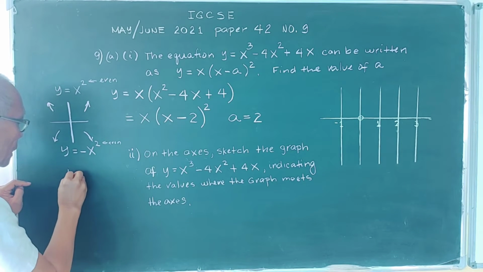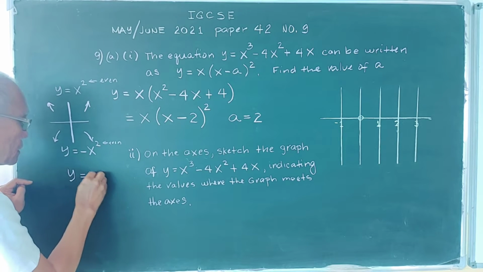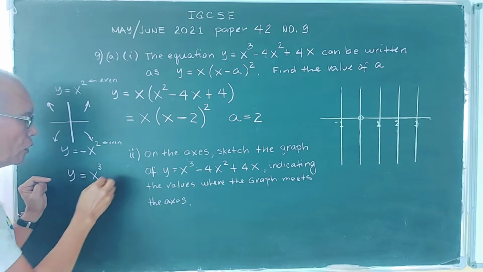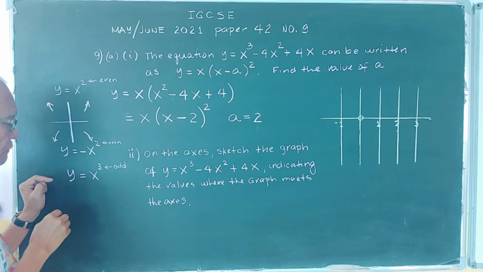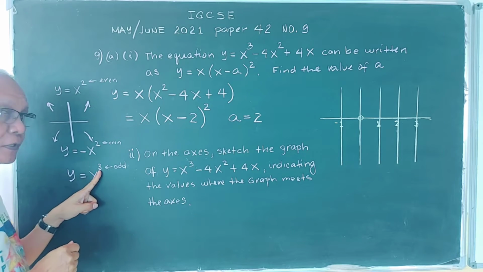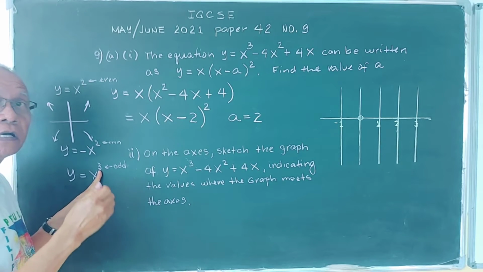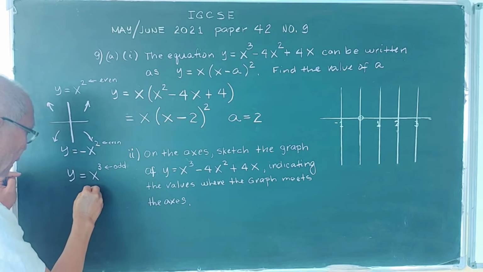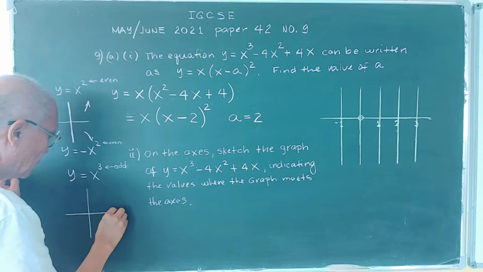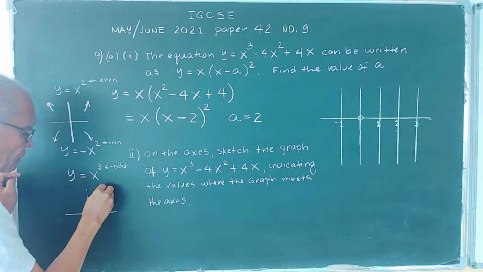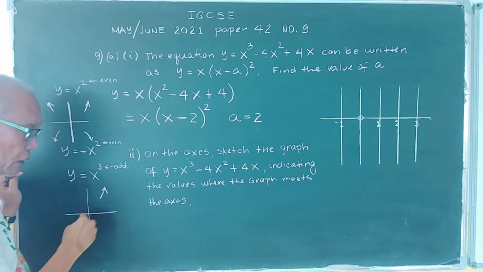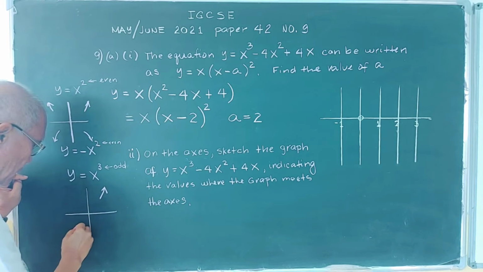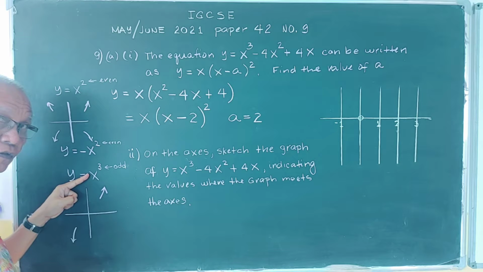What if our y is cubed or an odd exponent? What will happen to the graph? The end behavior of the graph. If this one is 3, 5, 7, then we have the end behavior of the graph on the right side going up, and the other one is in the 3rd quadrant, going down, if that is positive.